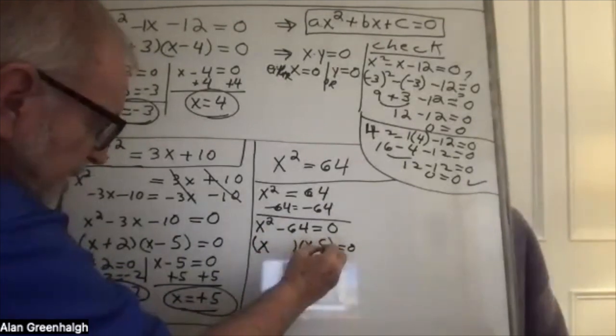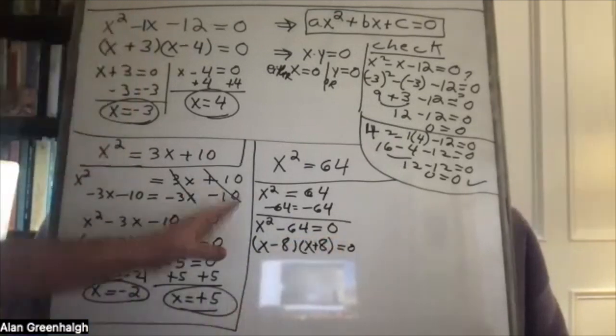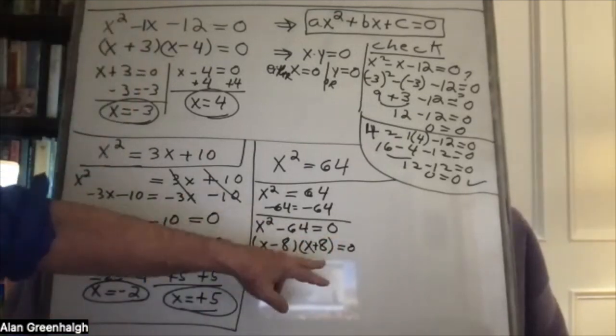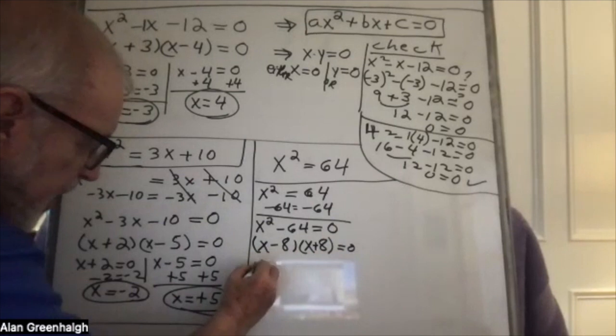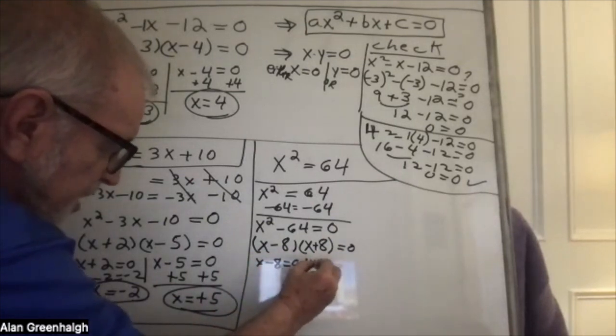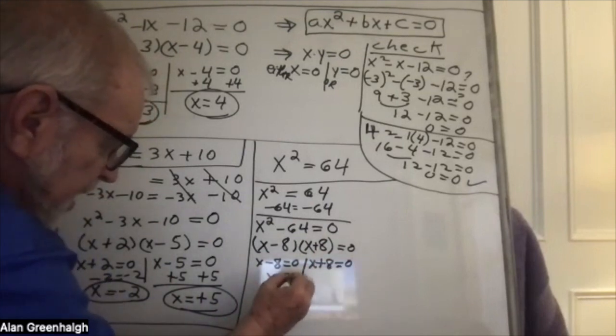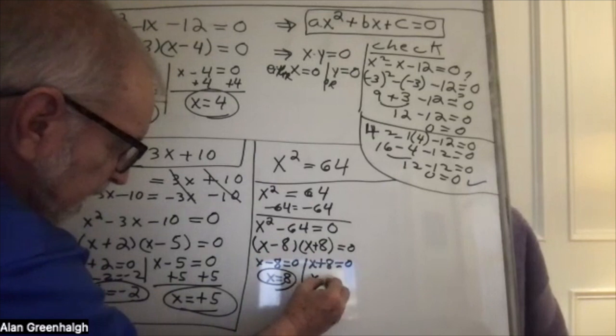X and x, 8 and 8, negative and positive, or the other way around. It could have been positive and negative. It doesn't matter. x minus 8 equals 0. x plus 8 equals 0. x equals 8. x equals -8.